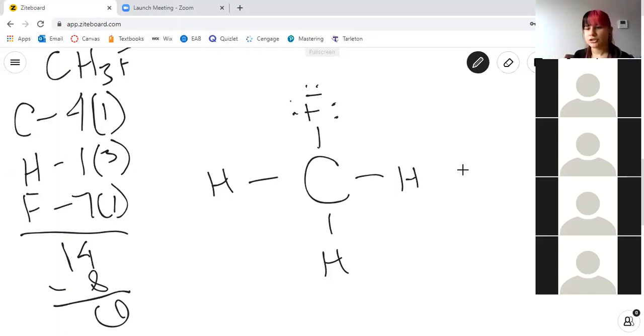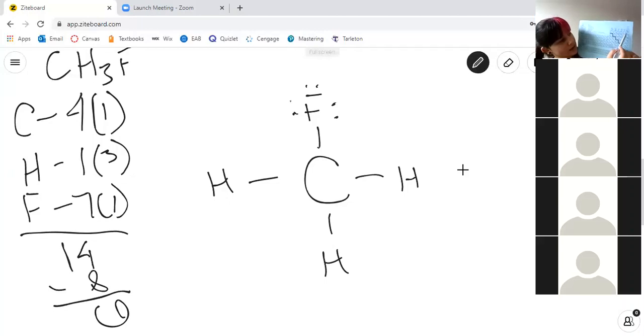Okay, so going to polarity and polar bonds, do you guys remember talking about electronegativity in periodic trends? Yes. Okay. So looking at your periodic table, what is the most electronegative element? Fluorine. It's going to be up here, and it's going to decrease going this way, and decrease going down.